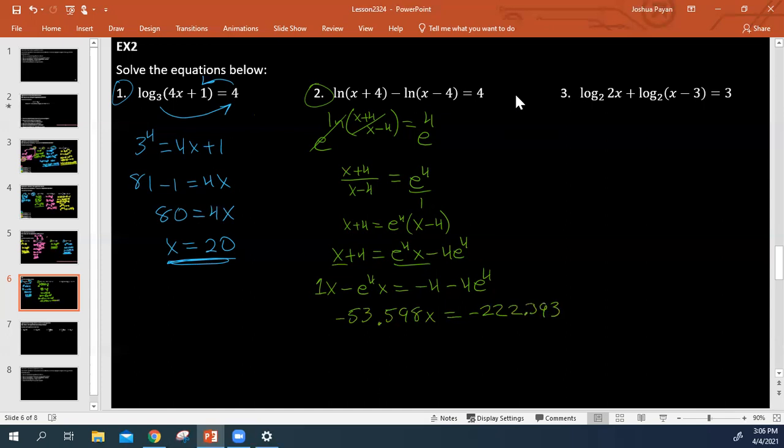Okay, then we're going to divide both sides by this negative 53.598. You do to one side, you do the other. And I'm using a graphing calculator, so my answer is going to be pretty dang accurate. And I get approximately 4.149.